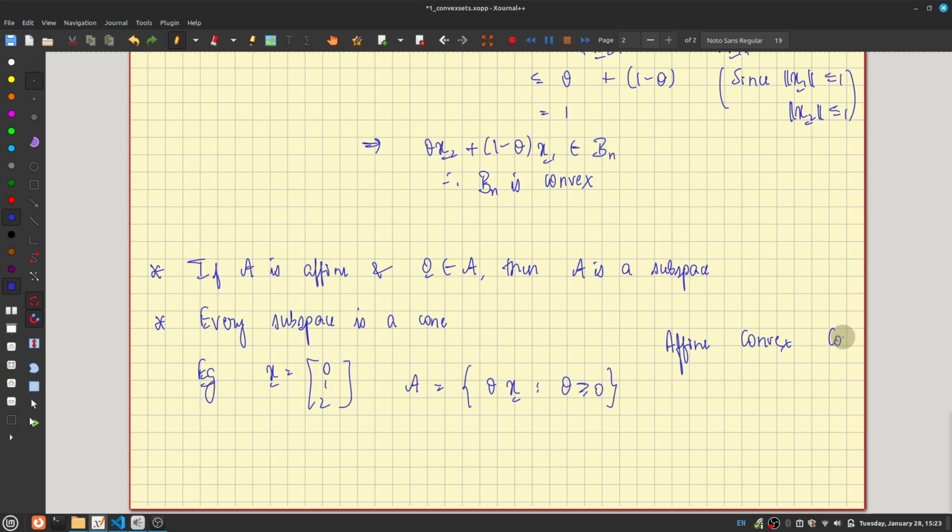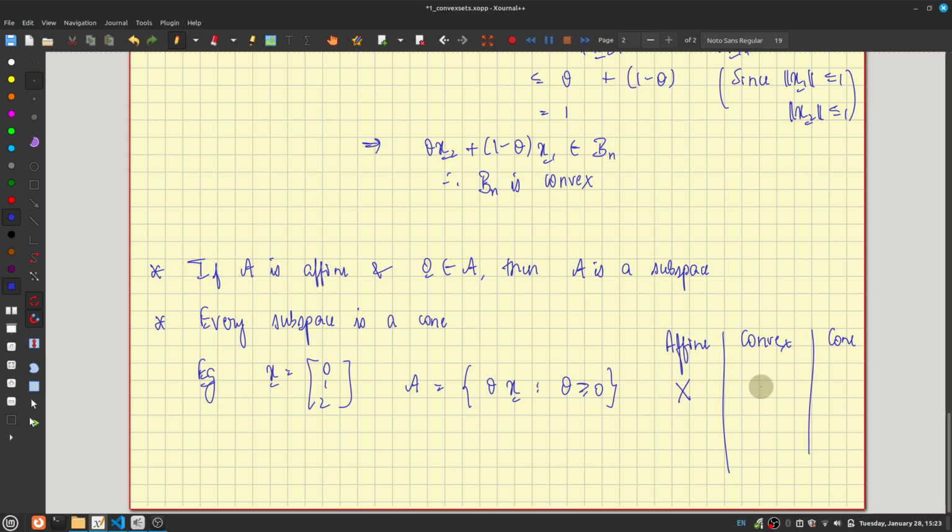Is it affine? Is it convex? Is it a cone? Firstly, is it affine? It is not, because if I take minus x, this is not contained within the set, but it should be contained if it is to be affine.